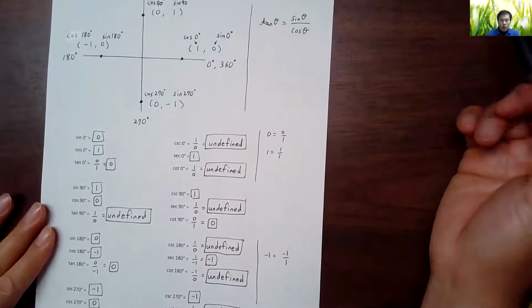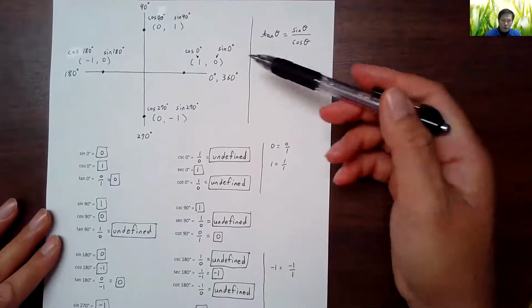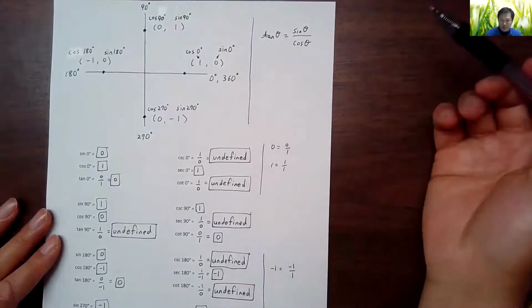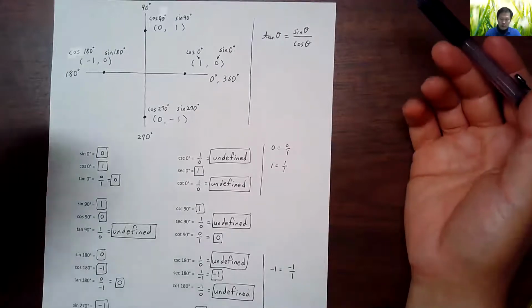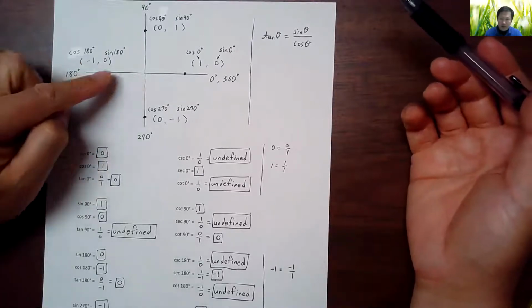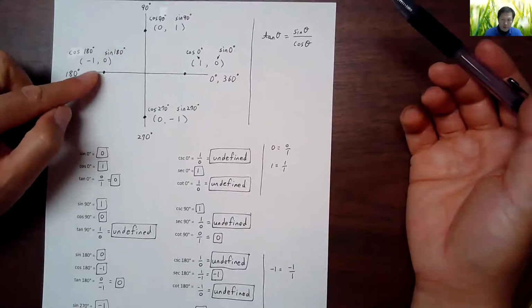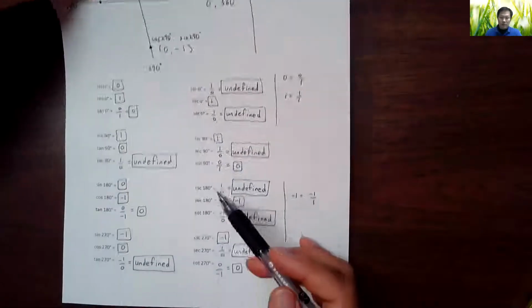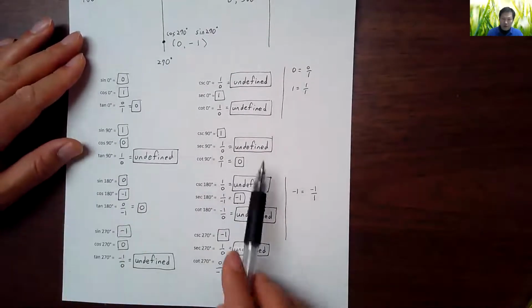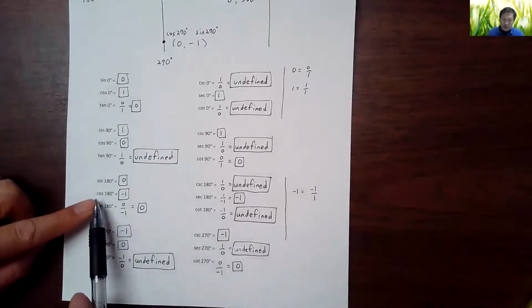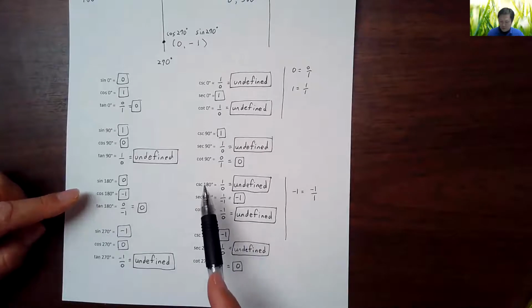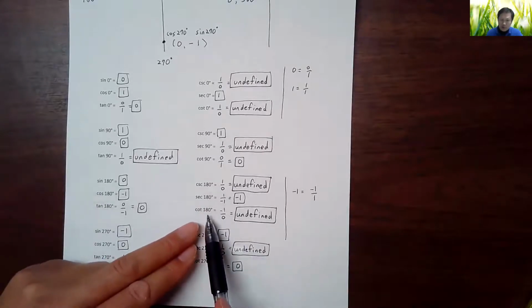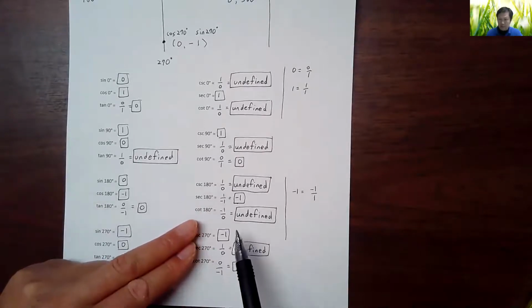Okay, you wouldn't have to do all of this for every single question. Whichever angle you need, let's say you are dealing with 180 degree, then just do this part for 180 degree and answer whatever your problem is asking. If the problem was asking cosine 180 degree, you got it. If the problem was asking cotangent 180 degree, you got it.